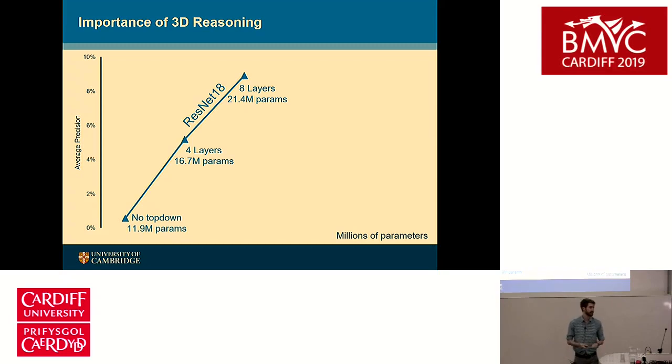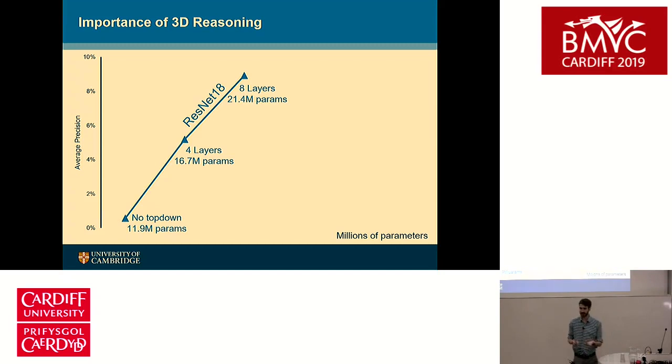Here I'm showing a quick ablation study which shows that as you remove layers from that top-down network, the performance drops, until eventually you remove the whole top-down network. At this point, the network becomes similar to something like Fast R-CNN, where you're just purely classifying region proposals.